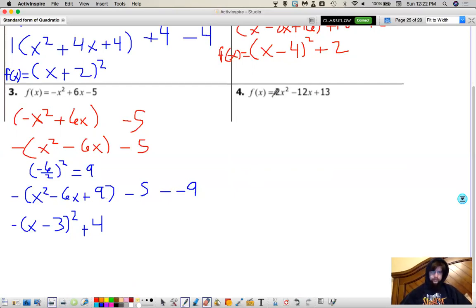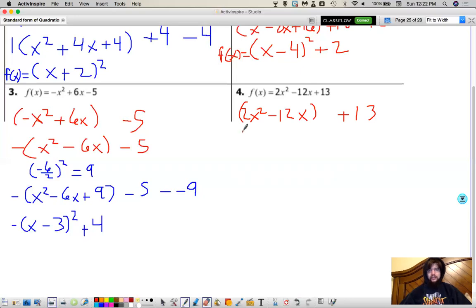Let's look at this one. So again, separate that constant. Don't forget, factor out a. If it's not 1, you got to factor it out.